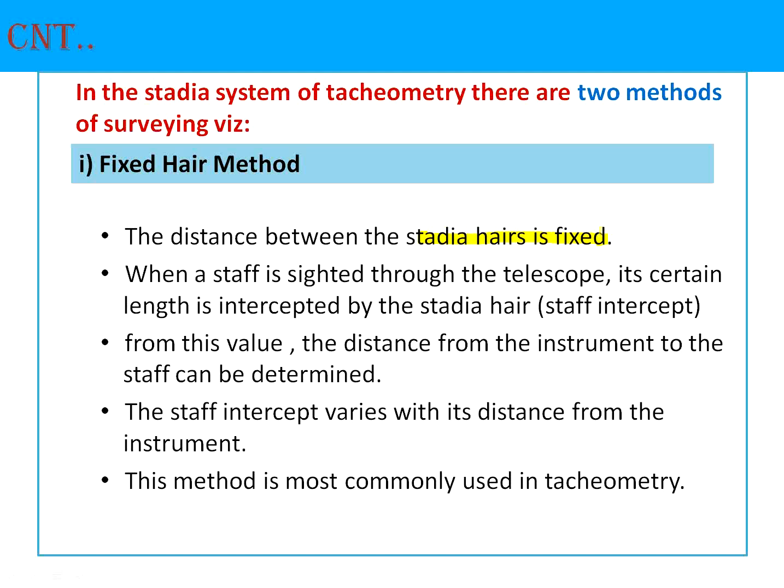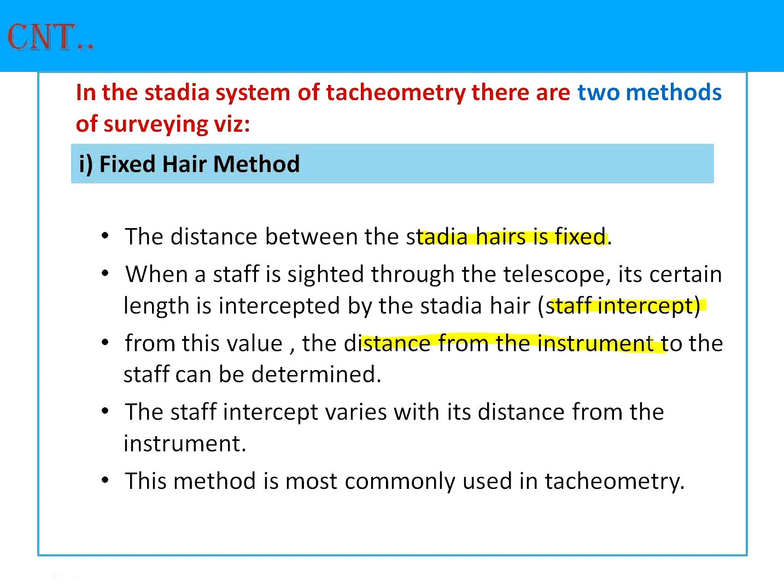When a staff is sighted through the telescope, a length is intercepted by the stadia hairs of the diaphragm, and the difference between those two readings gives the staff intercept. From this value we can determine the horizontal distance from the instrument to the staff.